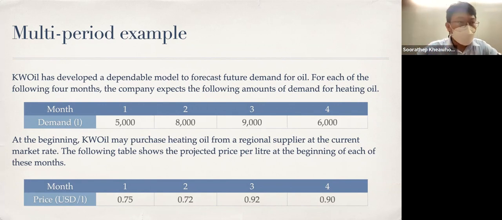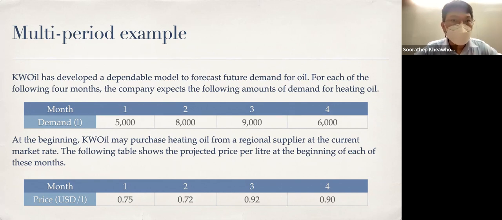And at the beginning of the first month, the company may purchase heating oil from a regional supplier at the current market rate. The following table shows the projected price per liter at the beginning of each of these months.